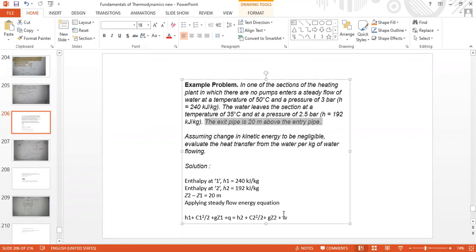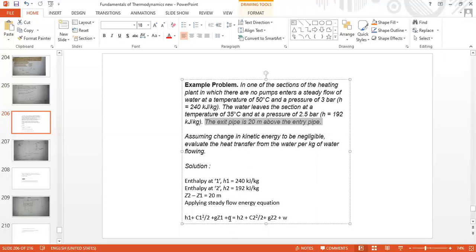Here there is no work involved because in this section of the heating plant there are no pumps. Instead of temperature and pressure, enthalpy is given.